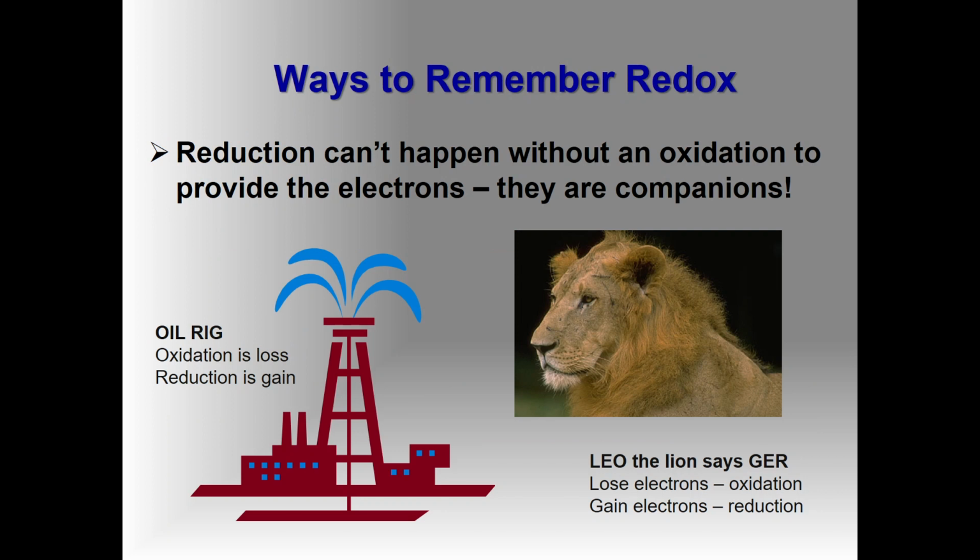OIL RIG. This is the mnemonic you should memorize. OIL stands for oxidation is loss. RIG stands for reduction is gain. So if you're losing electrons, you're being oxidized. If you're gaining electrons, you're being reduced.